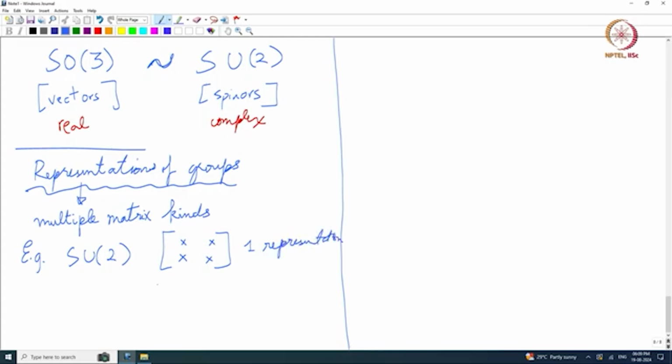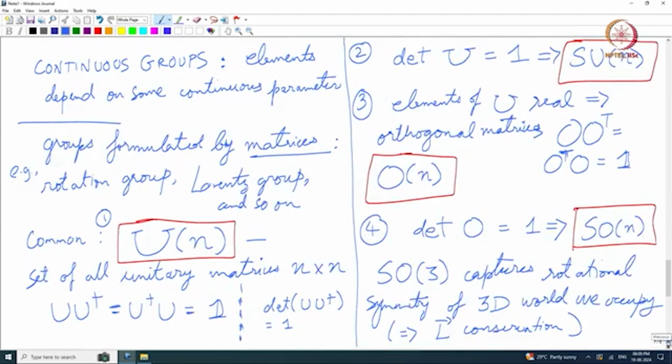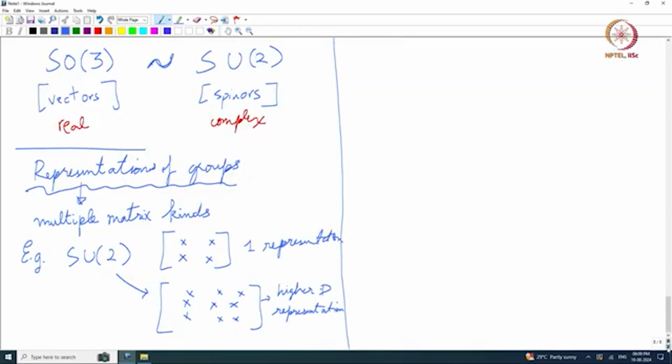What we could have also done is to represent this with some 3 by 3 matrix or even 5 by 5. Okay. This is a higher dimensional representation of the same group. Okay, it is completely possible, just think about it. Alright, the same group, as long as the properties of the group are satisfied, right, as long as the other definitions are satisfied, you can always represent a group with other higher dimensional representations also. In fact, you can represent it with lower dimensions also.